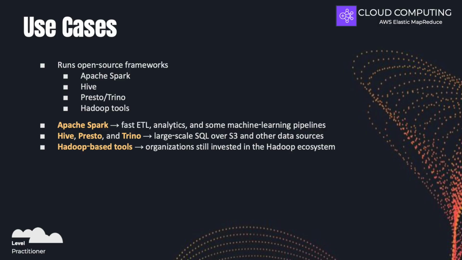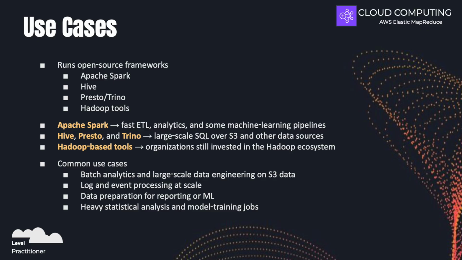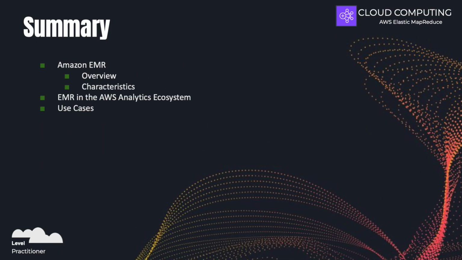Classic Hadoop-based tools are also available for organizations that still rely on that ecosystem. With these frameworks in place, EMR becomes a flexible engine for large-scale batch analytics, log processing, data preparation, and even heavy machine learning workloads.